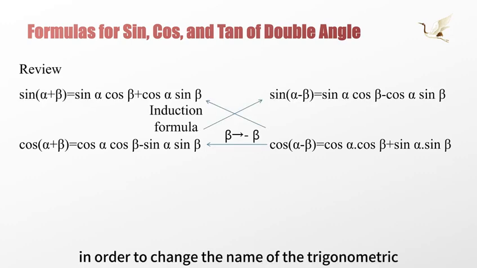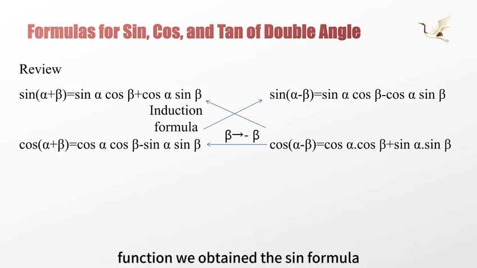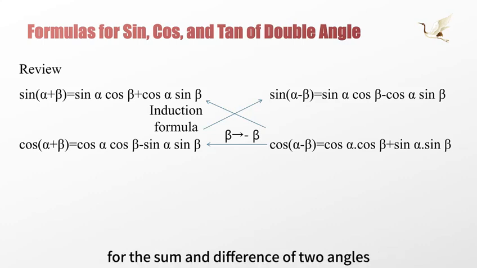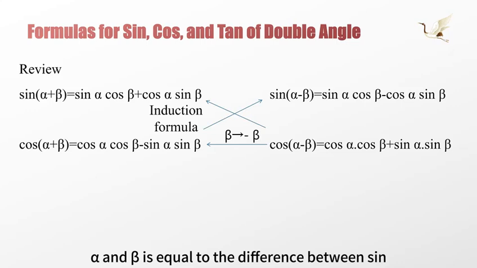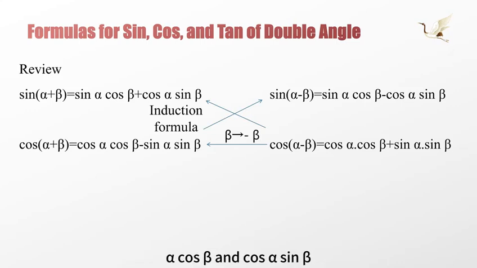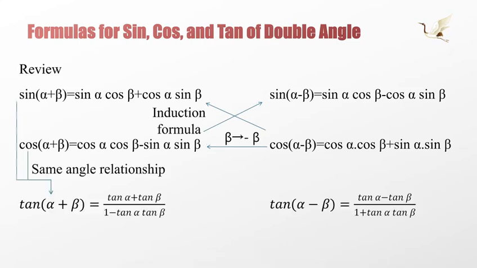Afterwards, in order to change the name of the trigonometric function, we obtained the sine formula for the sum and difference of two angles using the induction formula. Sine(alpha plus beta) equals sine alpha cosine beta plus cosine alpha sine beta, and sine(alpha minus beta) equals sine alpha cosine beta minus cosine alpha sine beta.